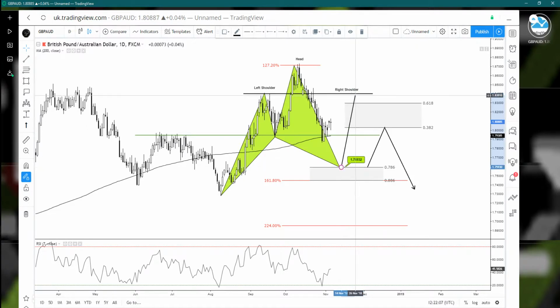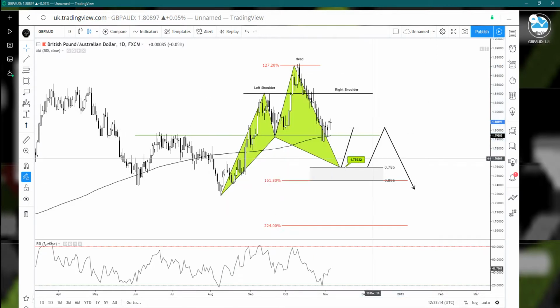That will depend. Note that the right shoulder can be, actually let me just measure this, one eventual right shoulder printed at 78% retracement is the limit.